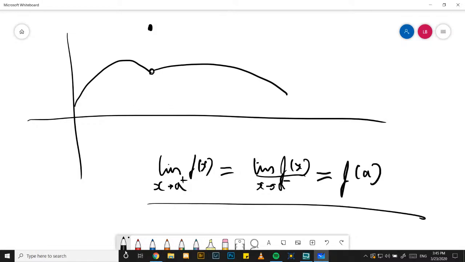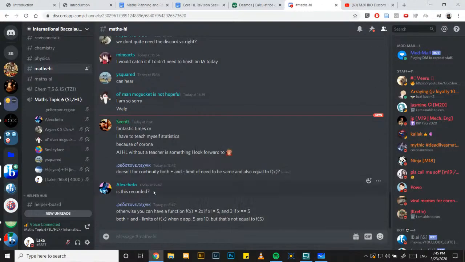All these things need to be met in order for continuity to exist, and this is HL content. Unless an SL student has learned this and I'm just confused, but I'm pretty sure continuity is HL. So yeah, thanks Redstone.